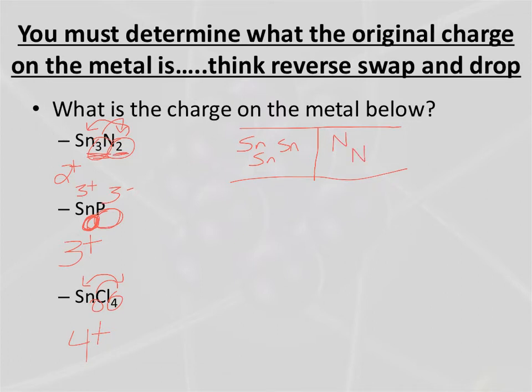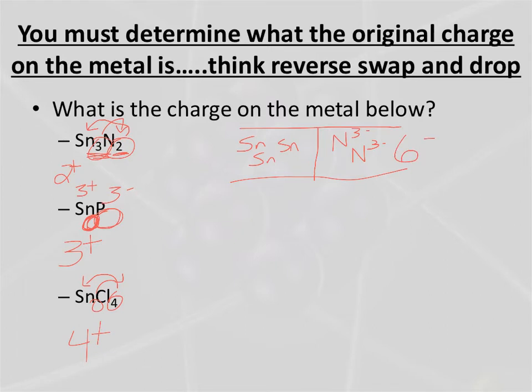Now, I always will know the charge on my non-metals on this side, on the right side. So I know that N is in the 3 minus column. So that means that total, that whole side, is 6 minus.